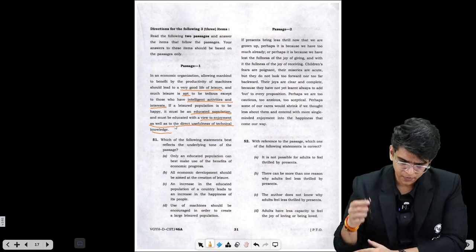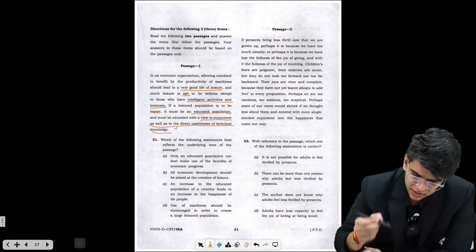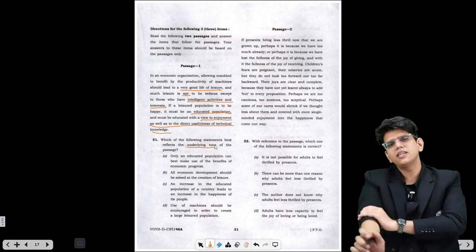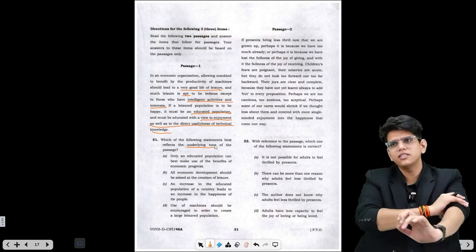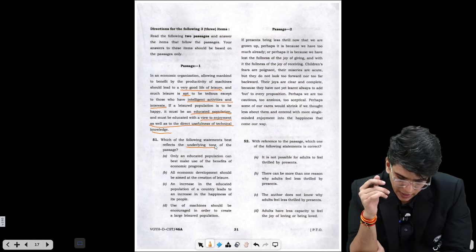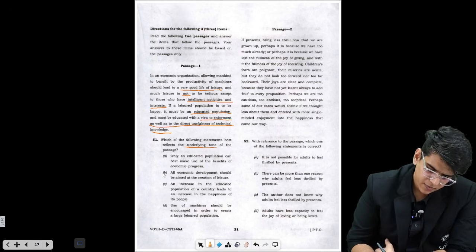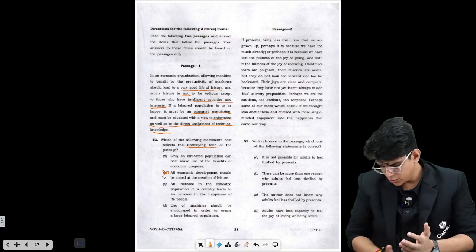Which of the following statements best reflects the underlying tone of the passage? Underlying tone means basically representing the same thing given in the passage. Only an educated population can best make use of the benefits of economic progress. All economic development should be aimed at creation of leisure. No, this should not be our aim.